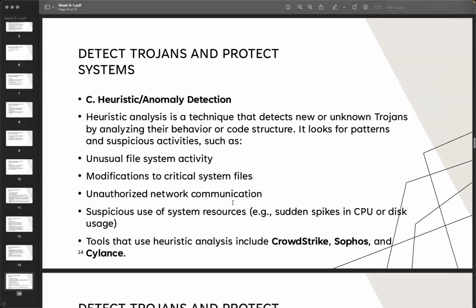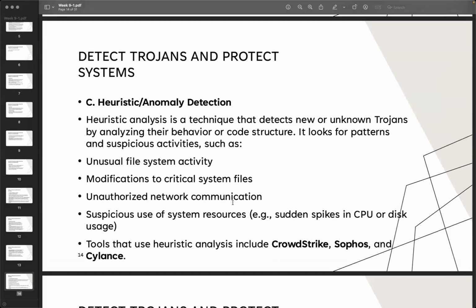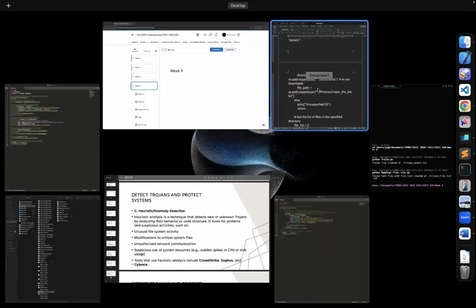And then we have one more right here. We also have heuristic or anomaly detection. It's a technique to detect new Trojans, by checking their behavior or code structure. This is a pretty common way, where we're checking not only the bytecode but also the code structure. If something is injected, then we can detect it.